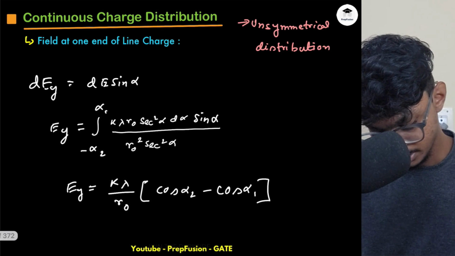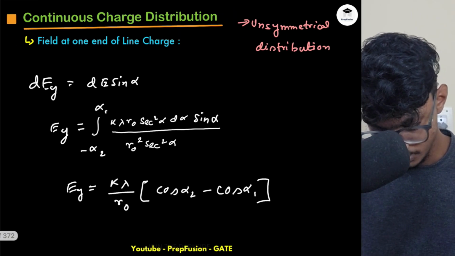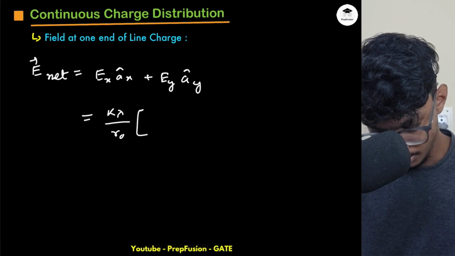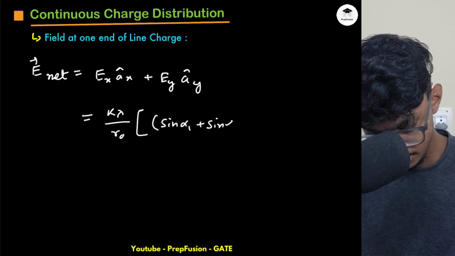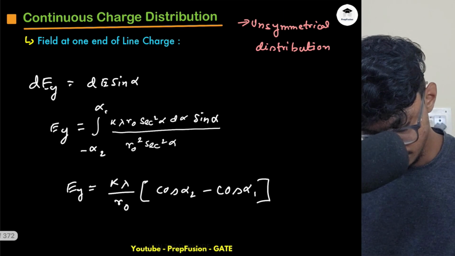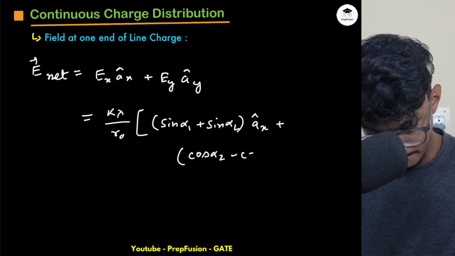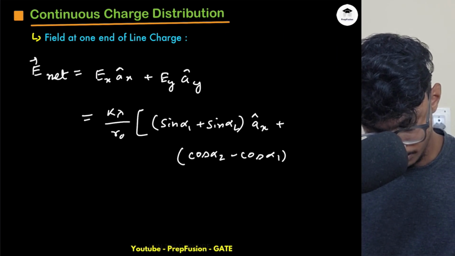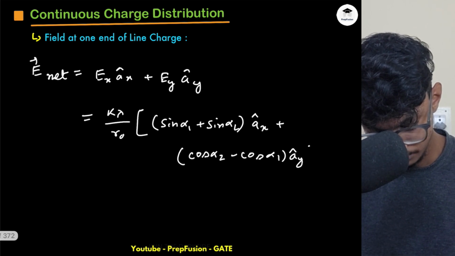So Ex is what? Ex is k lambda upon r naught, which will come outside, times sine alpha 1 plus sine alpha 2, and this will be ax cap, plus cos alpha 2 minus cos alpha 1 ay cap.